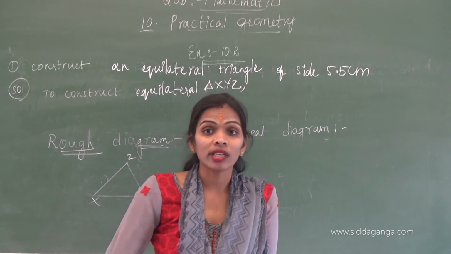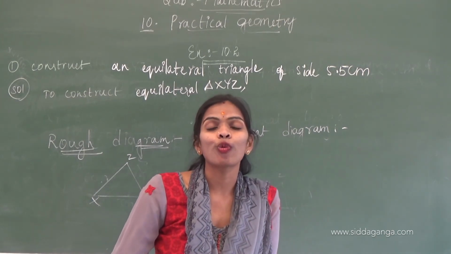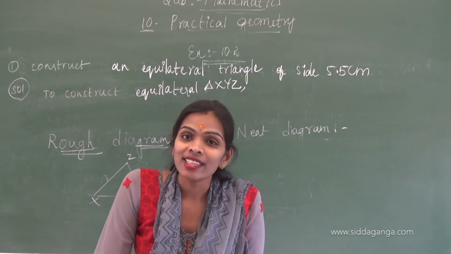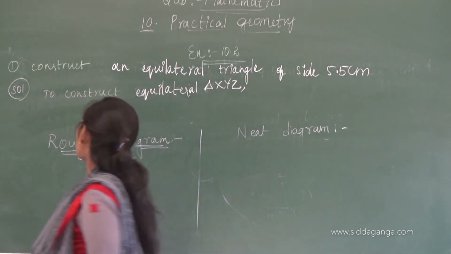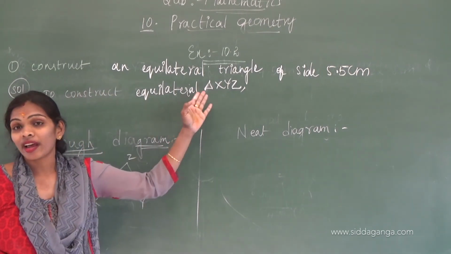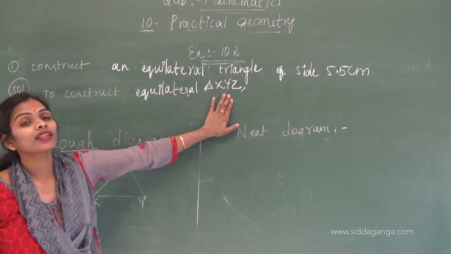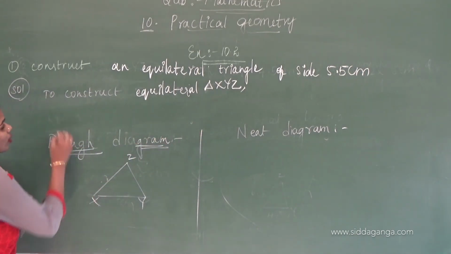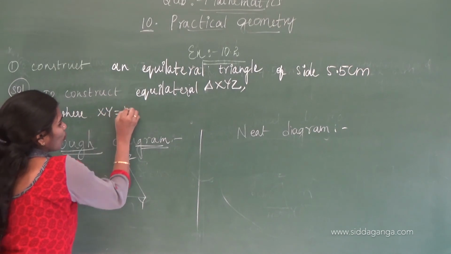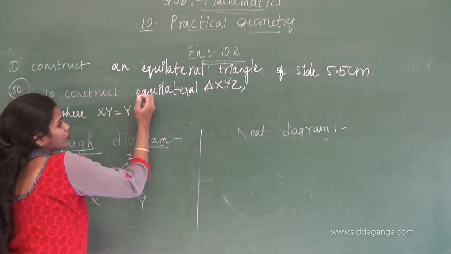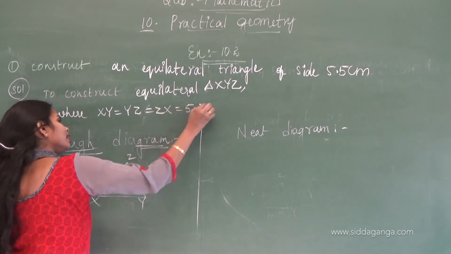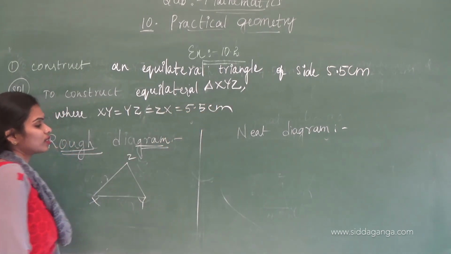Here I am constructing an equilateral triangle where the length of each side is 5.5 centimeters. What is our aim? To construct an equilateral triangle XYZ with XY equals YZ equals ZX equals 5.5 centimeters.